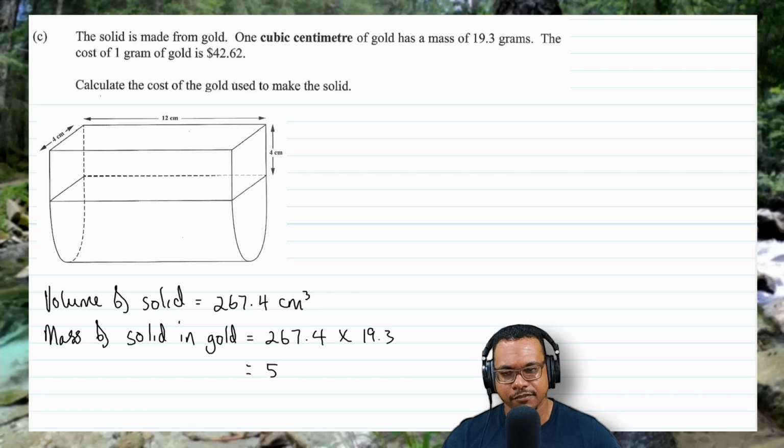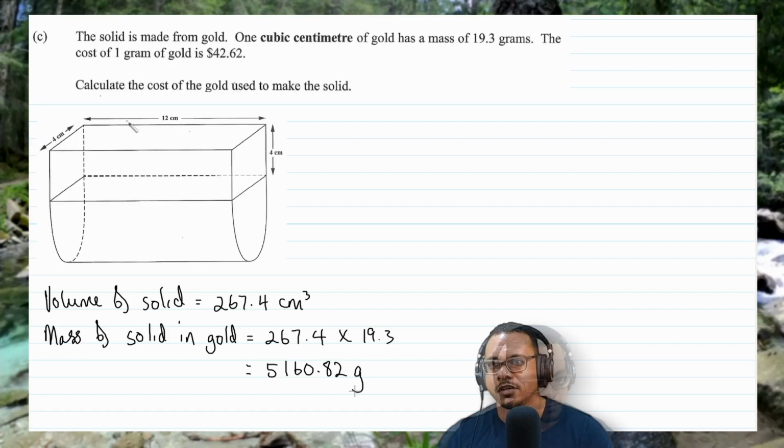And that'll be equal to 5,160.82 grams. So now, if the cost of 1 gram of gold is $42.62, you just have to take this $42.62 and multiply it by this 5,160.82.